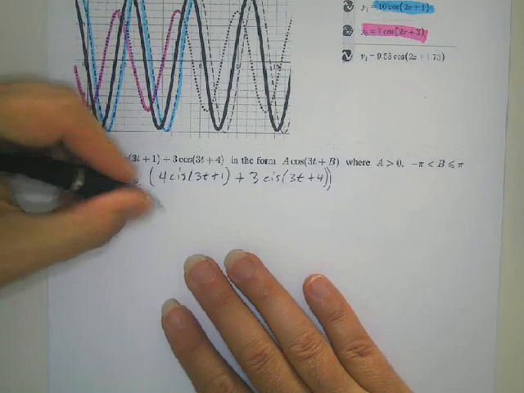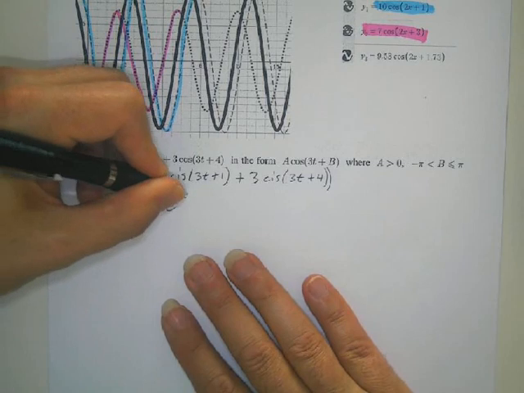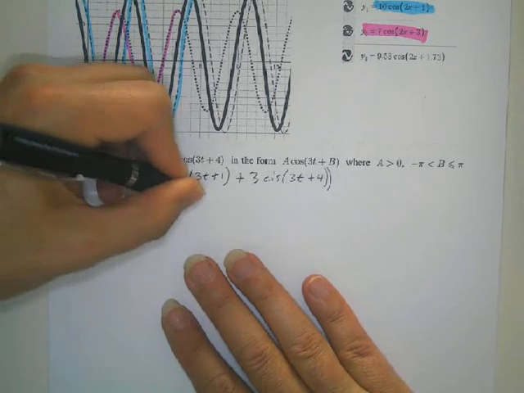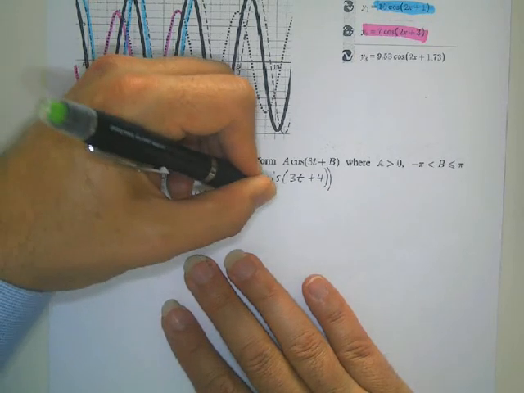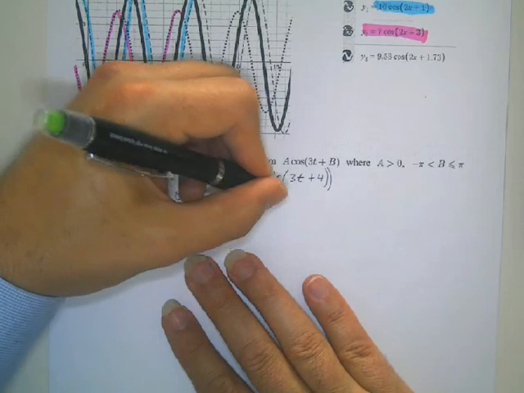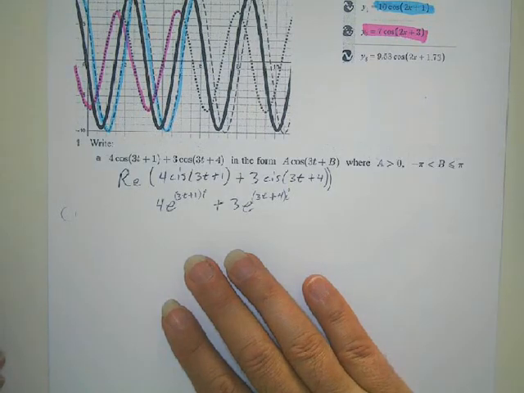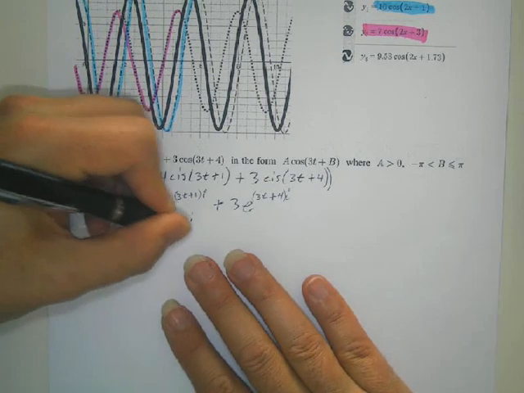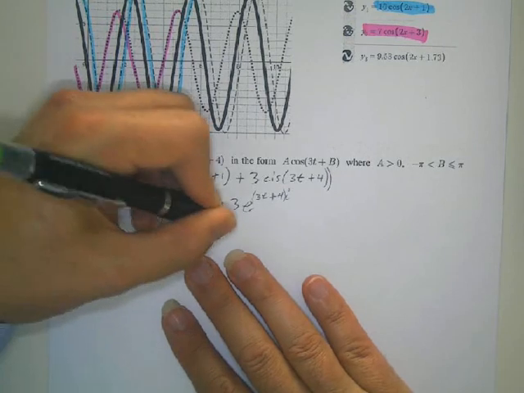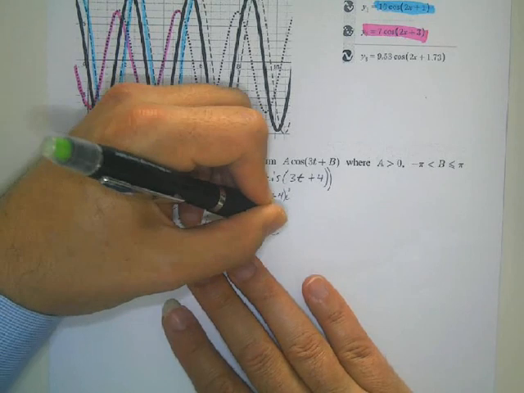So I'm going to write this as 4e to the power of 3t plus 1i plus 3e to the 3t plus 4i, right? Okay, I'm in Euler form now. So now I'm going to rewrite this as 4e to the 3ti e to the i plus 3e to the 3ti times e to the 4i.